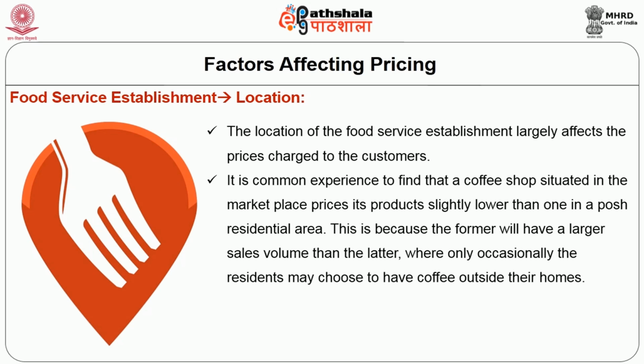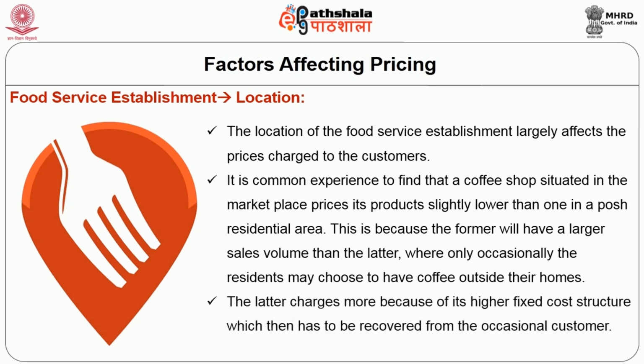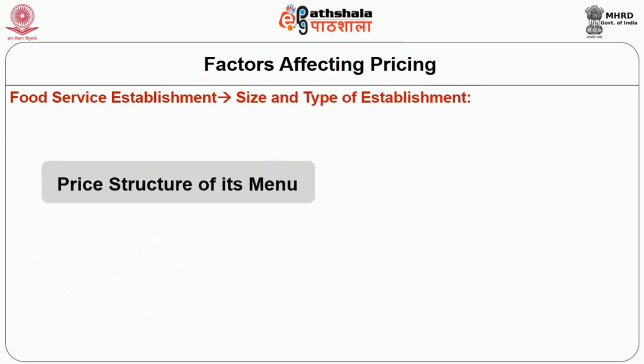This is because the former will have a larger sales volume than the latter, where only occasionally the residents may choose to have coffee outside their homes. The latter charges more because of its higher fixed cost structure, which then has to be recovered from the occasional customer.